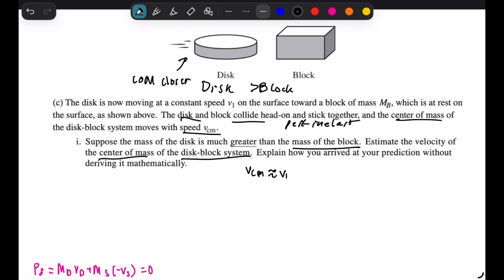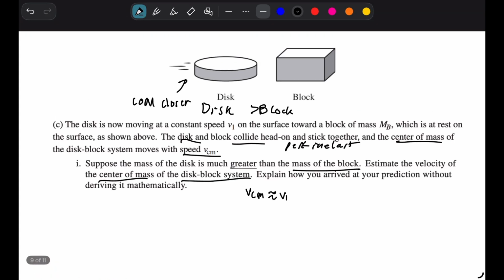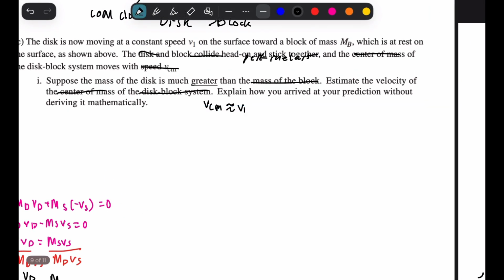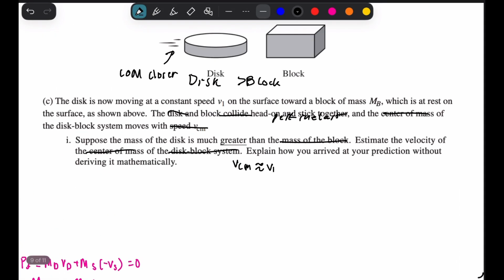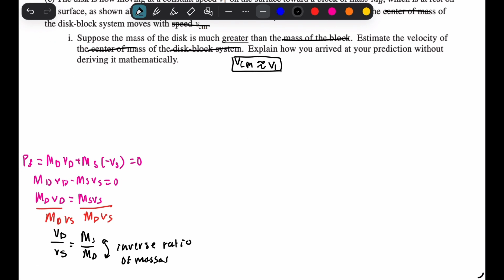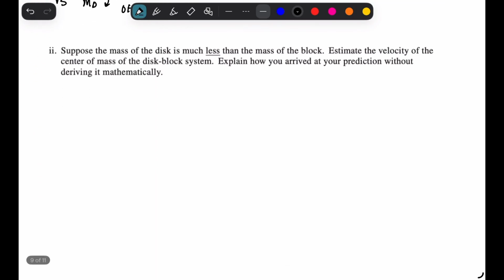And therefore, it's going to move at about the disk speed for the center of mass of our new combined object. So that's why v center of mass is approximately v1, because we have one object that's much more massive. So the center of mass is always going to lie near the object that has the larger mass, right?